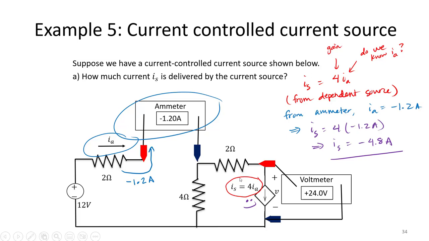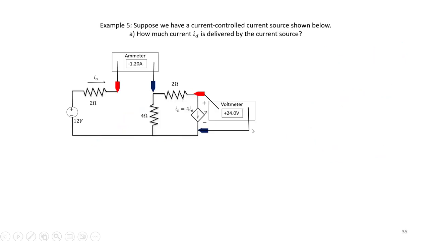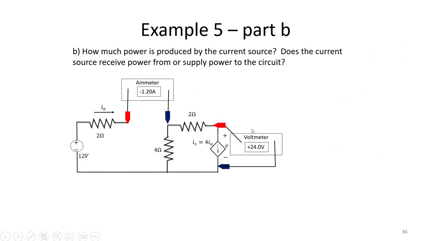All right. So let's go ahead and move on to the second part. So second part here, we're asked how much power is produced by that current source? And then finally, does the current source receive power or supply power to the circuit?